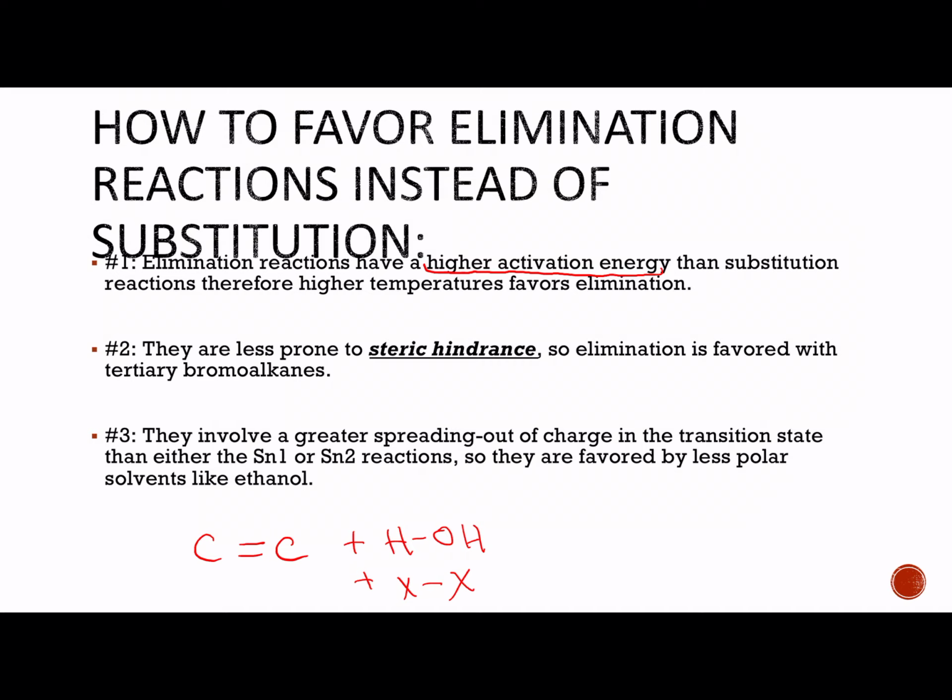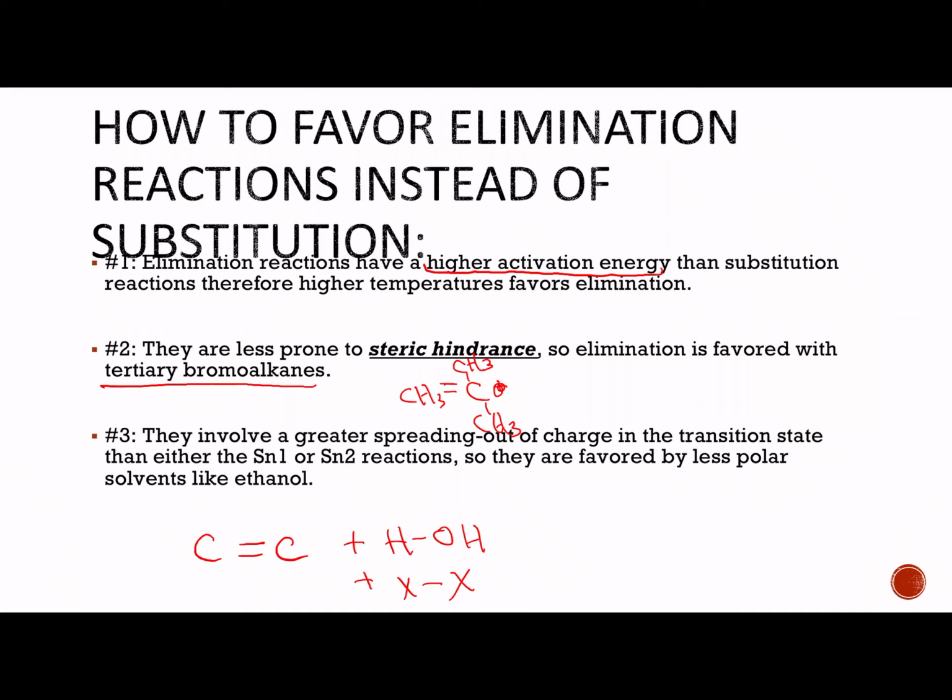All right, so number 2. Elimination is favored with tertiary bromoalkanes. And that idea is that tertiary molecules are more stable, so it's more likely to favor double bonds.